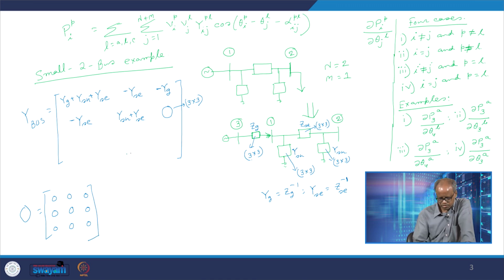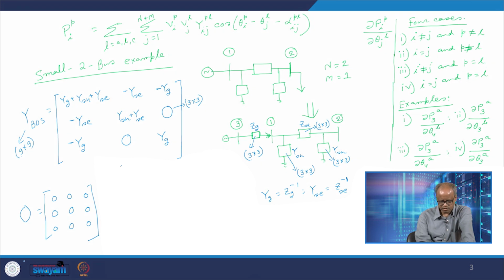Okay, so bus 3 to 1 is minus YG, bus 3 to 2 there is nothing connected, and bus 3 self is YG. So this is the Y bus matrix. Now as each of them is 3 cross 3, it is basically a 9 cross 9.